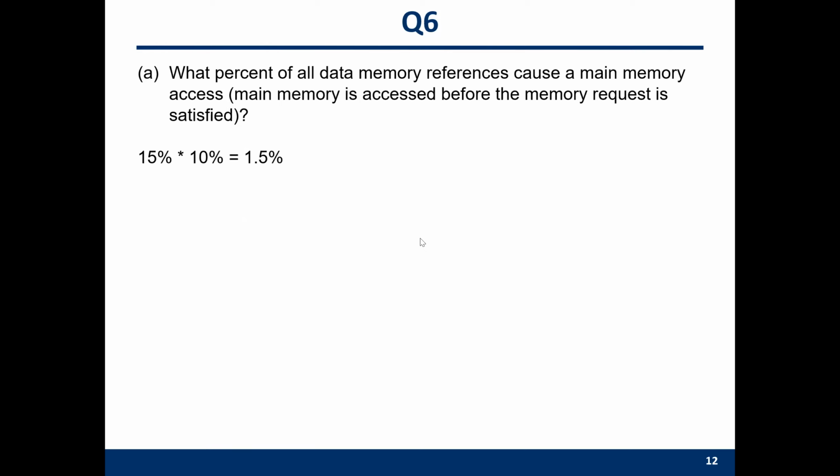So the L1 data miss rate is 15%. So only this 15% of data memory references will go to L2. And among this 15%, 10% will generate a miss and will go to the main memory. So this is how to compute that value.